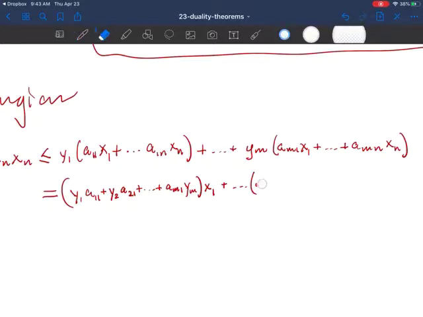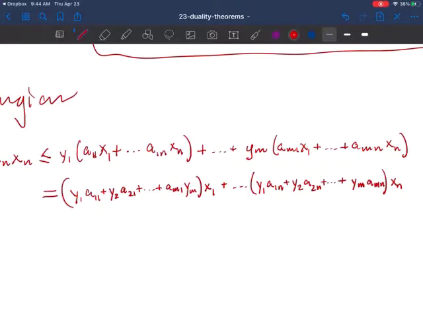The same is true in between until finally we get to y1 a1n plus y2 a2n plus dot dot dot plus amn ym, all multiplied by xn.